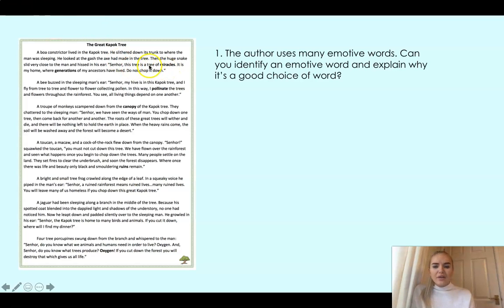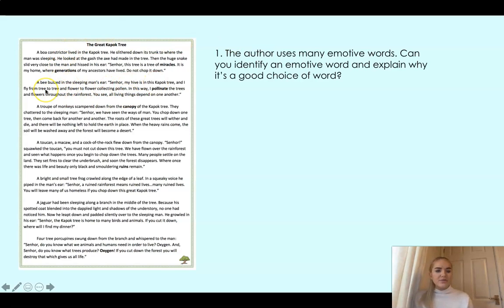Whereas if you see this word here, miracles, how do you feel when you see the word miracle? What does a miracle mean to you? That's right, a miracle is a special, maybe extraordinary event. And it says here, this tree is a tree of miracles. That might make the axeman feel quite guilty, knowing that the tree is that important.